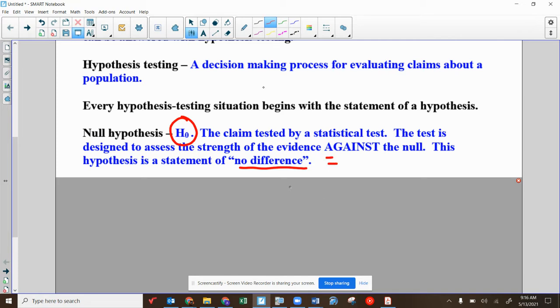When we set up the null hypothesis, the two things we're going to deal with are the mean and the proportion. So the null hypothesis is that the mean is going to equal some number, or the proportion is going to equal some number. The null hypothesis always has that it's equal to whatever it is you're analyzing.